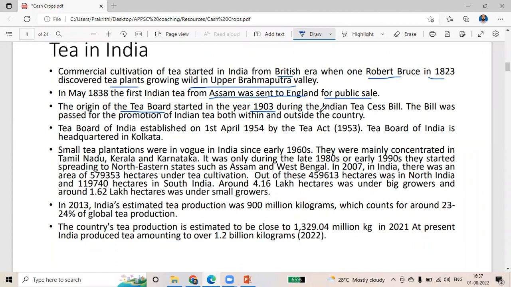Indian tea cess bill बनाया था, उसी time में they gave the origin of the tea board, and later the Tea Board of India was established in 1954. So there are certain landmarks. 1903 में they made the tea board. So later after independence, Tea Board of India बना दिया है, with headquarters in Kolkata.